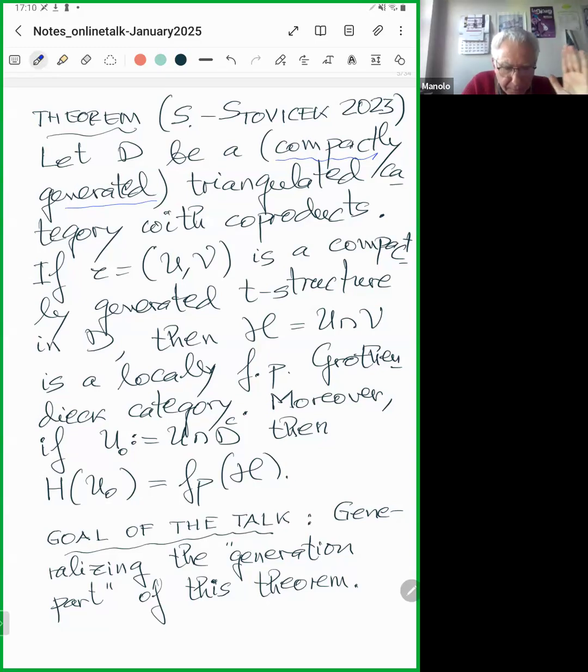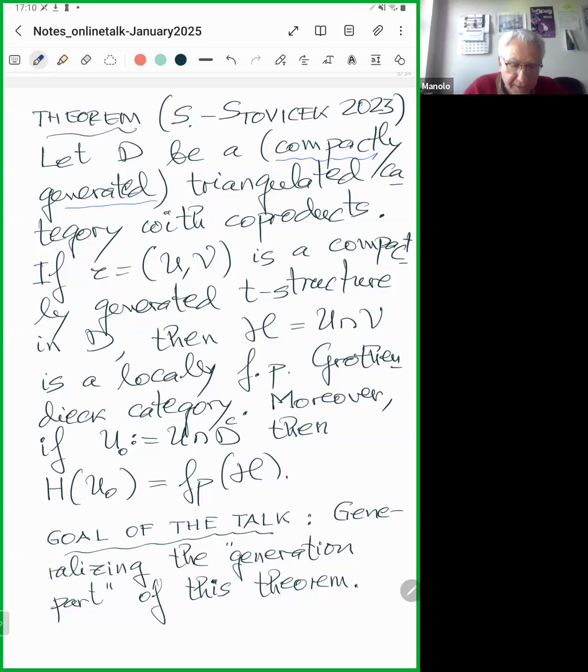I mean, the theorem would be the same, because when you work in any triangulated category with coproducts and tau is a compactly generated t-structure, you take, for instance, the compact objects in the aisle, which form a skeletally small subcategory, and then you take the triangulated subcategory generated by them.